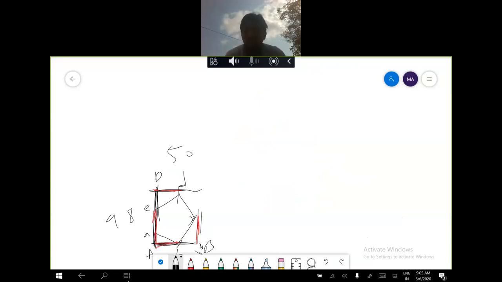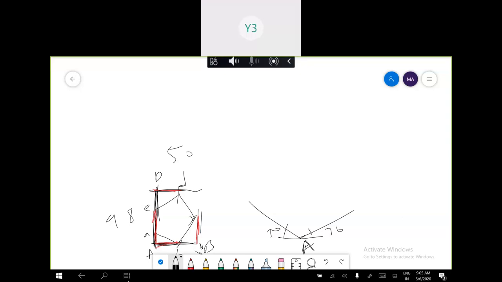First, the drawing. Taking 30, 30 this side. Is my diagram visible? This as A. Then here AB is 50.